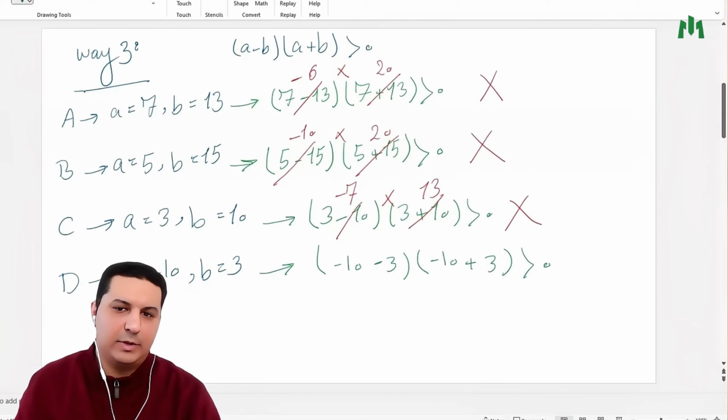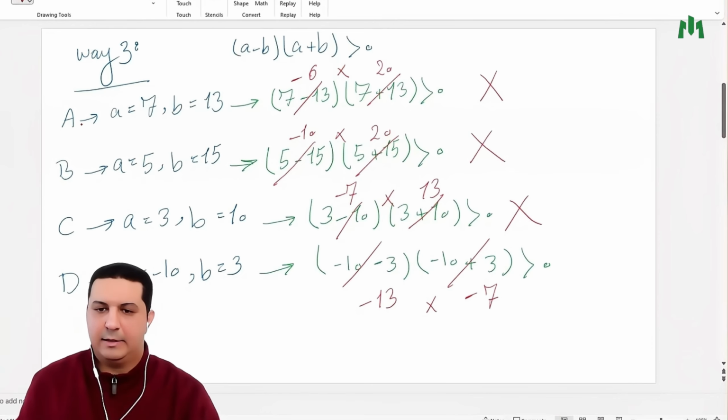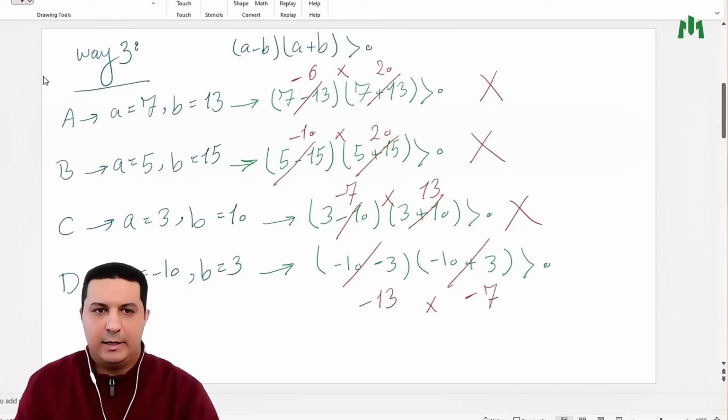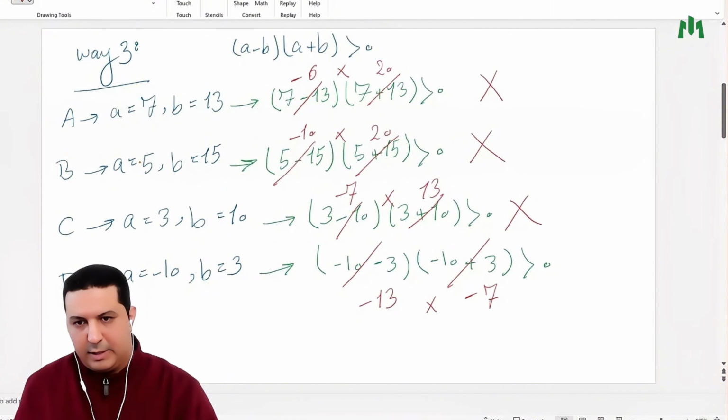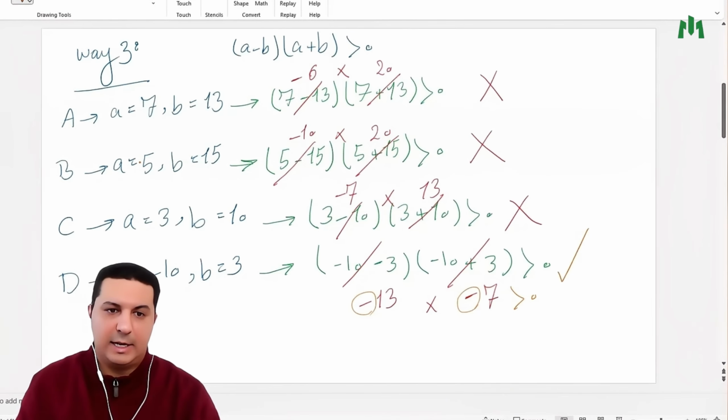We are going to check whether this number is positive or not. This one is minus 7, and this part is minus 13. So we have two negative numbers. It is very clear that when you multiply two negative numbers, the answer is completely positive. So D can be the answer.